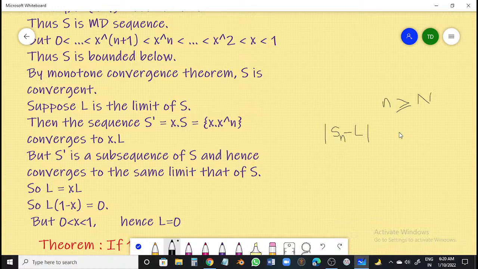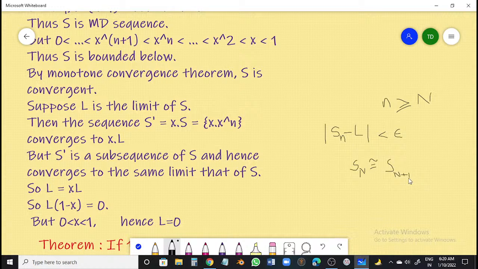Modulus of Sn minus L, the difference between Sn and L, where Sn is the nth term, is as small as you wish. That value particularly we denote by epsilon. So if L is the limit, then Sn and Sn plus 1 will all be approximately equal to L. This is the meaning of the statement.